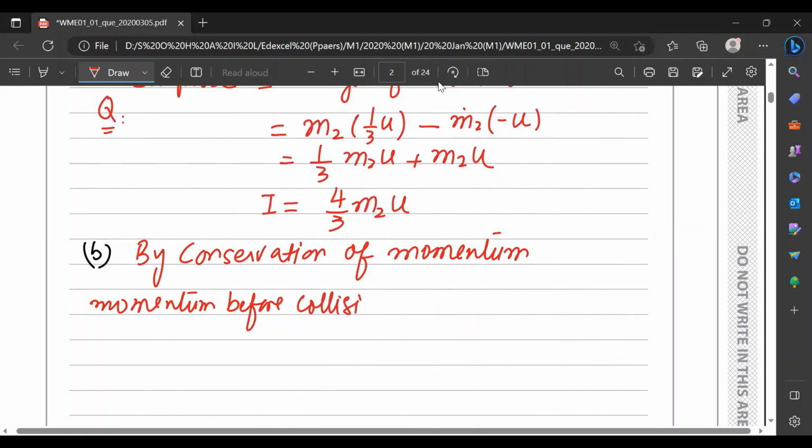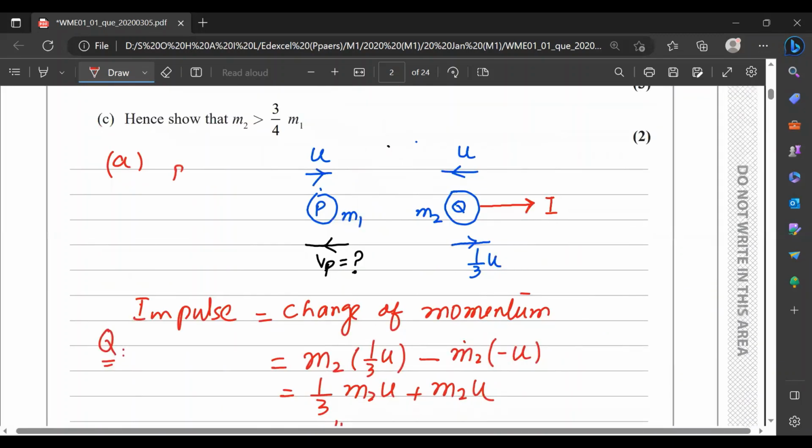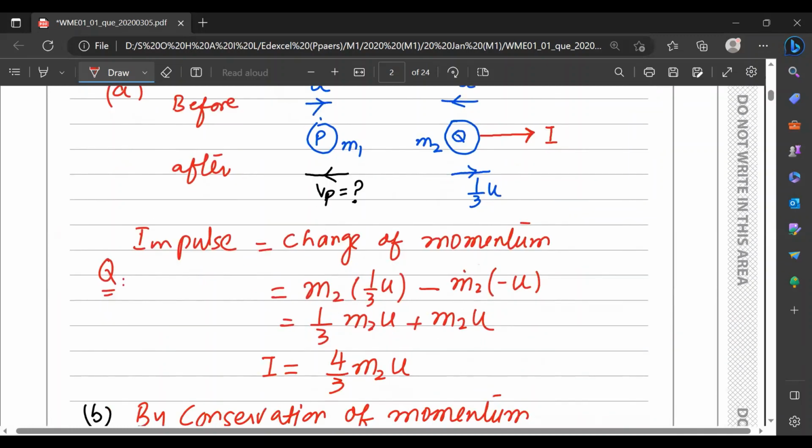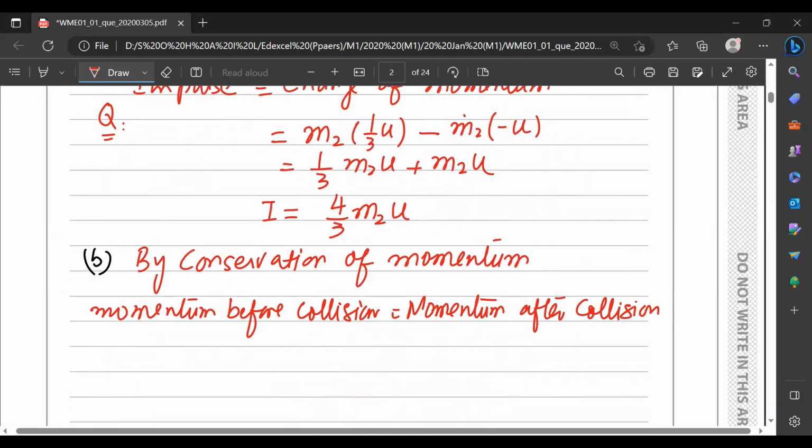momentum before the collision is equal to momentum after the collision. This is before and this is after. Let us take this direction, rightwards, as positive.